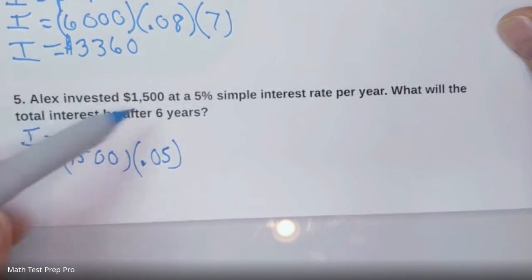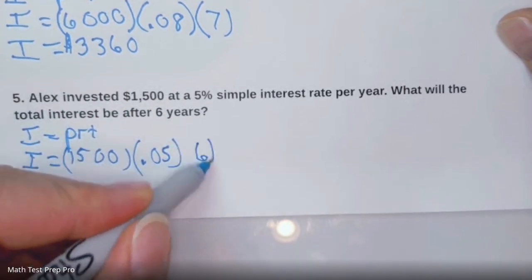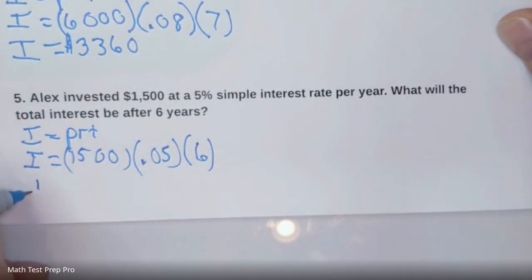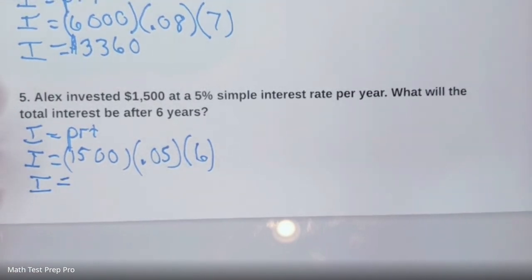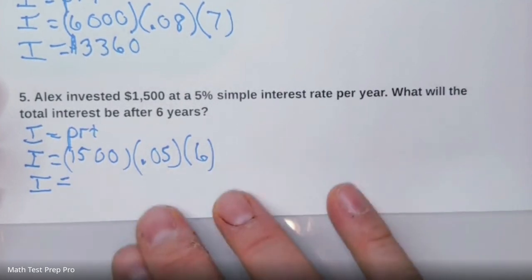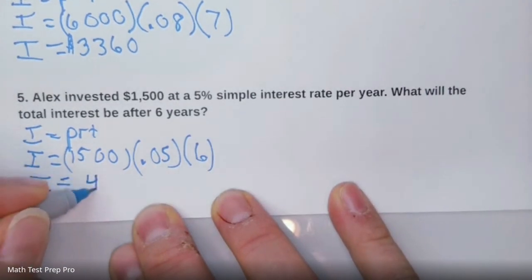The total interest after 6 years, T will be 6. All I have to do is plug all that in the calculator to get the grand answer. 1,500 times 0.05 times 6 equals 450. So for this one, the interest is $450.